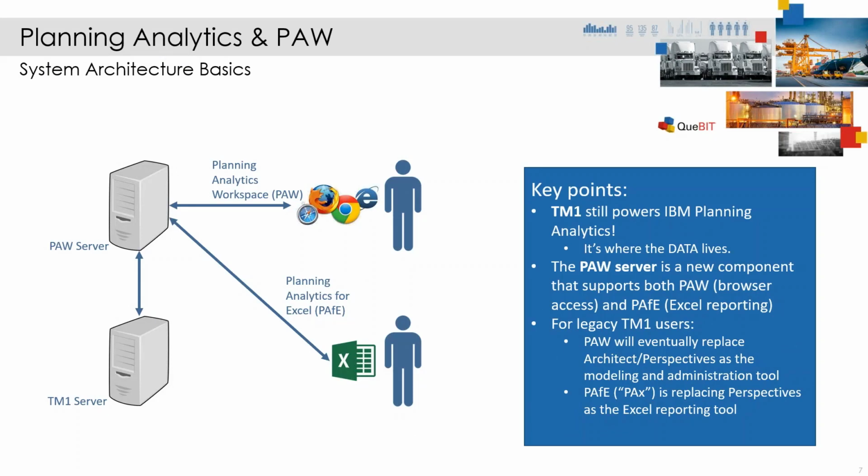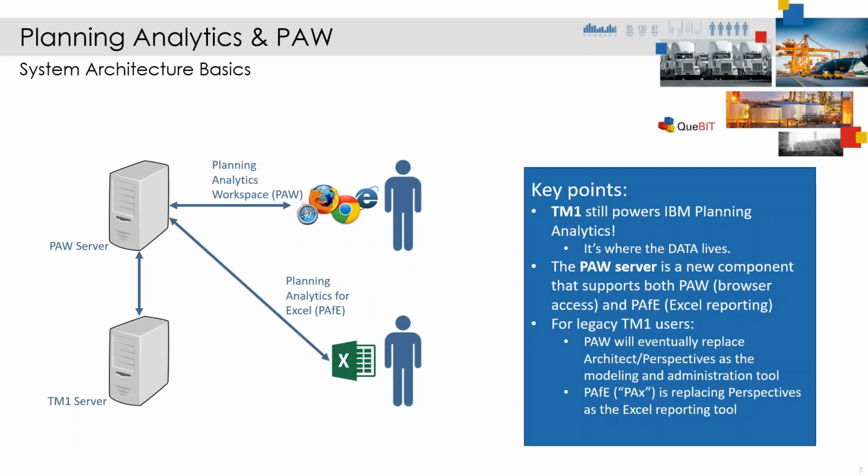I also wanted to include a slide that will help you understand the system architecture that's needed to get PAW up and running. There is a PAW server that connects to the TM1 server, and then all your users access PAW via a web browser. Now, you can think of PAW as the new, sleek, updated TM1 Web, which of course is an interface for TM1, which is now called Planning Analytics.